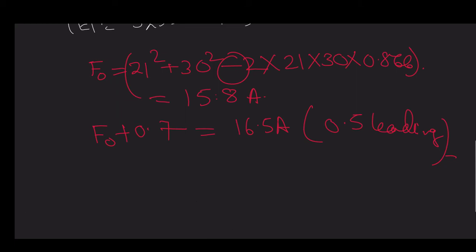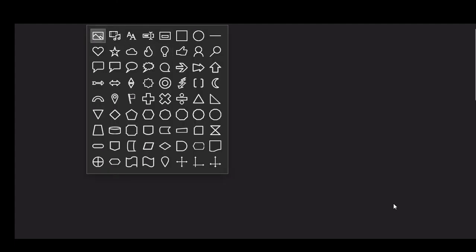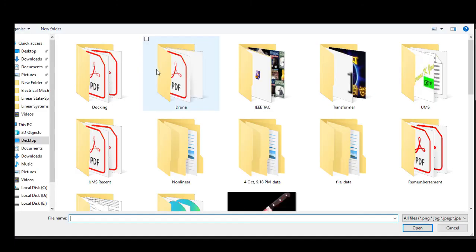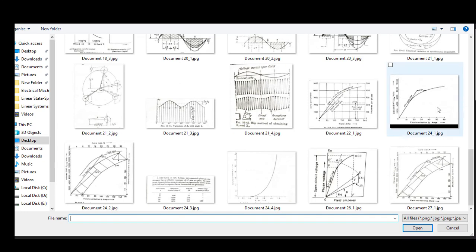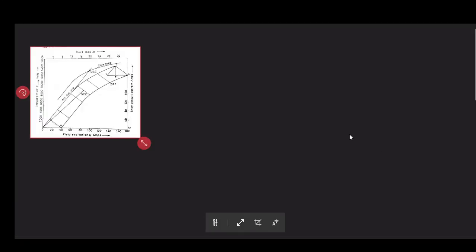Okay. Now let us go to our next problem. Let me share another image. In this chapter, reading data from image is extremely important.